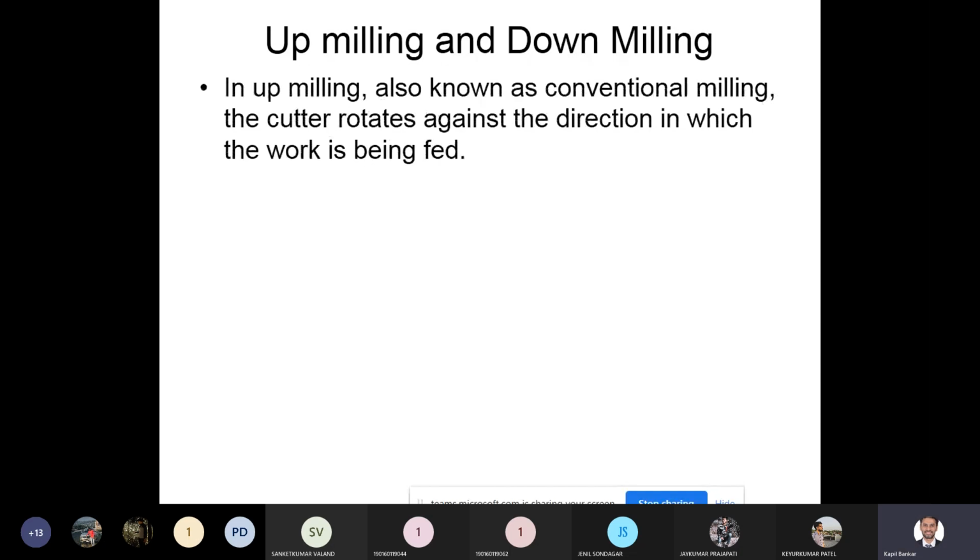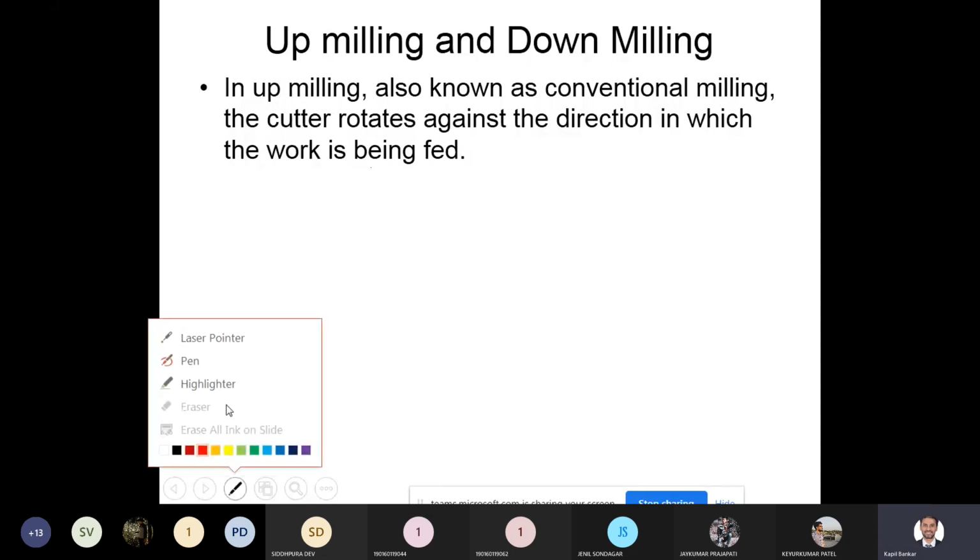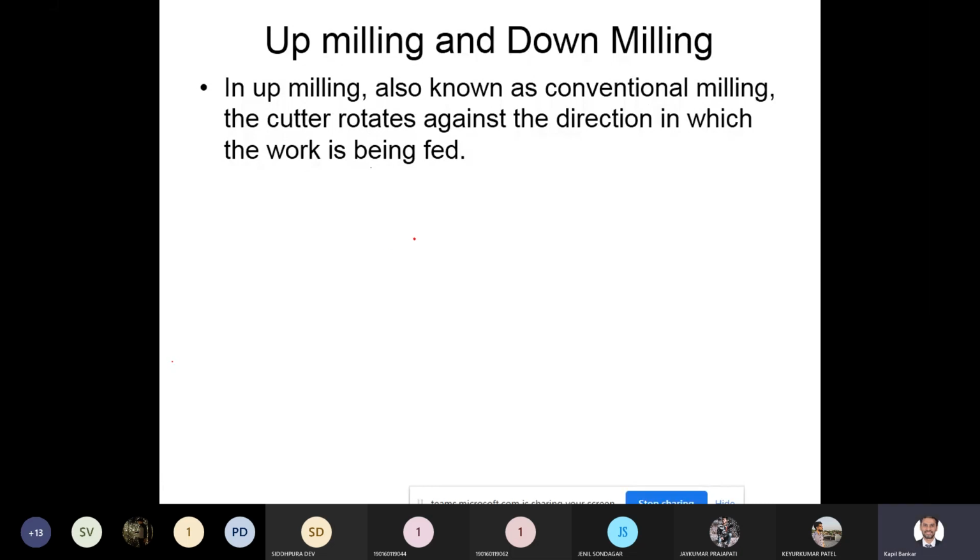So what is up and down milling? In up milling, what happens? Up milling is known as conventional milling, in which the cutter rotates against the direction in which the workpiece is being fed. Okay, just a minute. See over here.